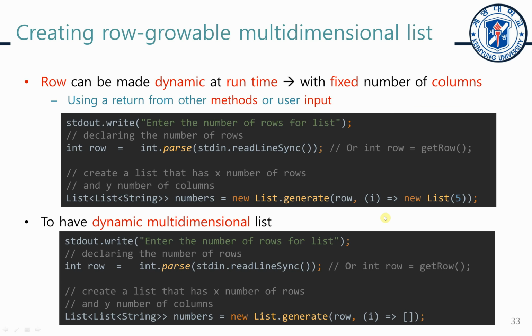However, if you want dynamic rows and columns, then in this case, instead of using just a fixed number, you can just put an empty list. However, the number of rows still should be determined from user input or from the method. So this is the use of multi-dimensional lists.